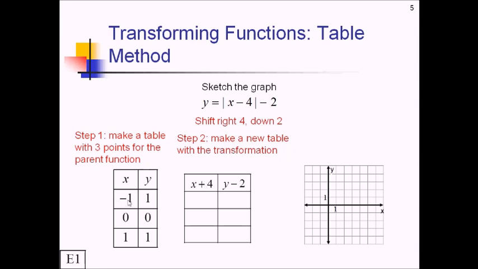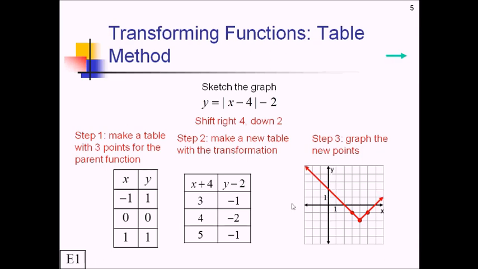So we've got -1 plus 4 is 3, 0 plus 4 is 4, 1 plus 4 is 5, and now let's subtract 2 from all the y values. 1 minus 2 is -1, then we have 0 minus 2, and 1 minus 2 again. Now all we have to do is graph those points. So we've got 3, -1, 4, -2, and 5, -1, and make the absolute value through those.